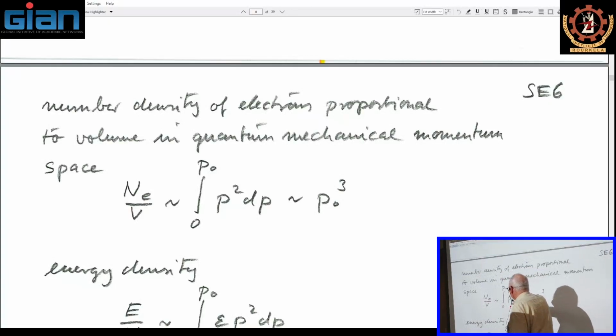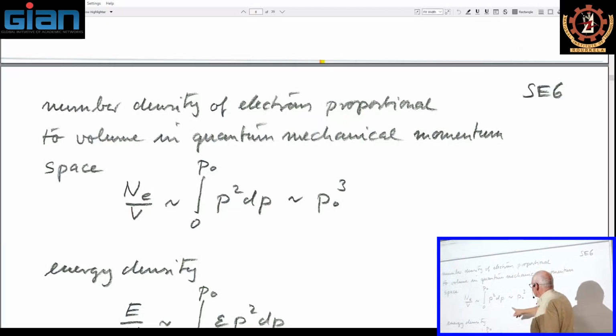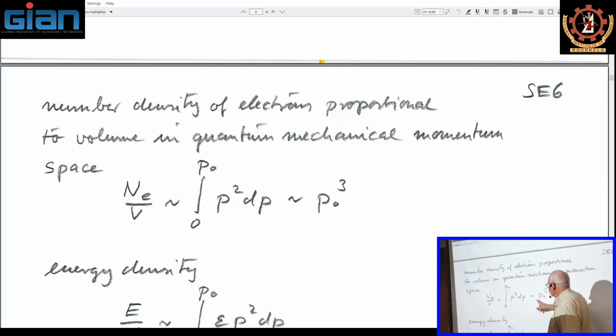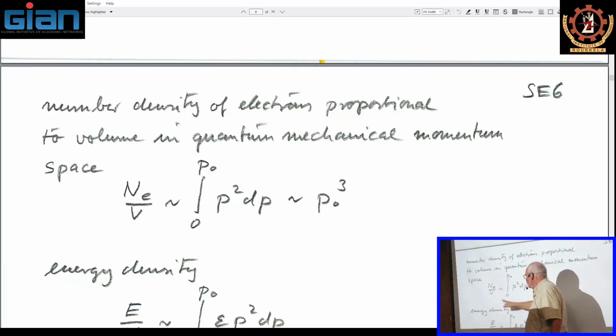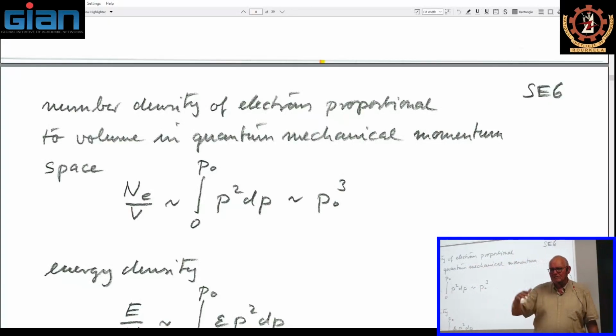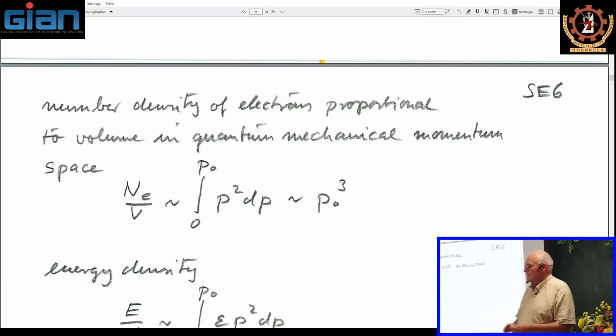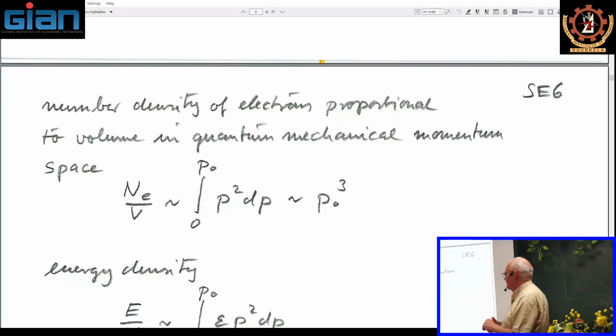So it's simply the volume of phase space integrated from 0 to the maximum momentum. Well, this integral is easily calculated. This goes with P0 cubed. So the number of electrons per volume which we can fit in is proportional to the maximum momentum of the distribution in our potential pot.